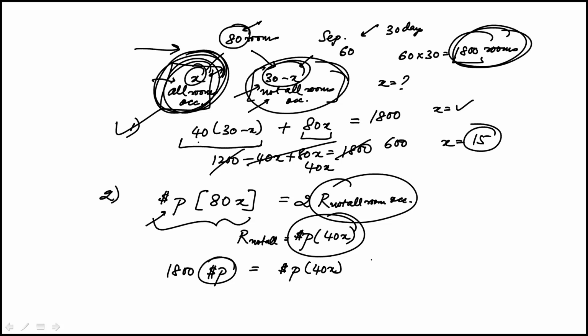It was for X days, and there are 80 rooms that were being occupied every day, and each one is P dollars. So you'll see the P term drops out. Some of you might be able to just write it directly in terms of X. So this would be 120X, and you will find that you get X equal to 15.